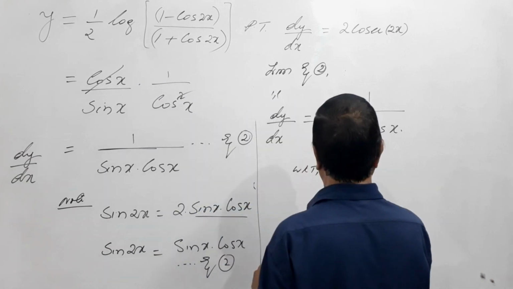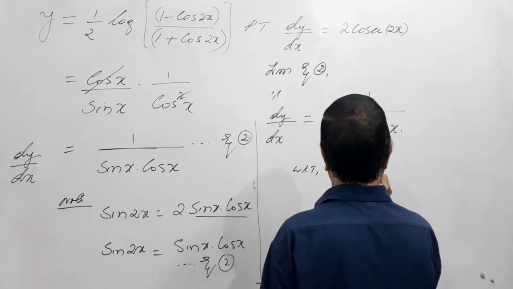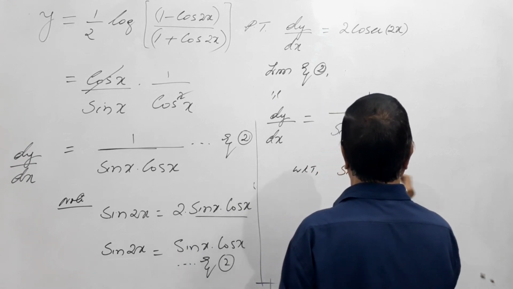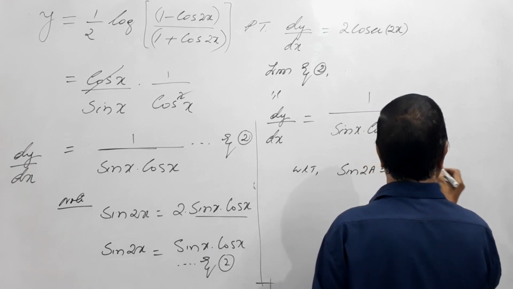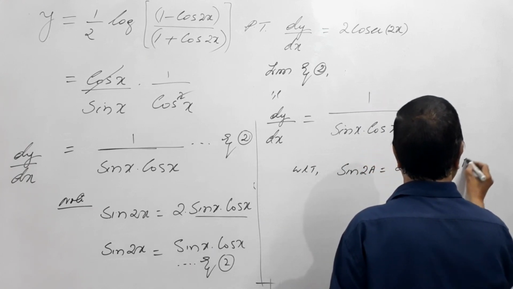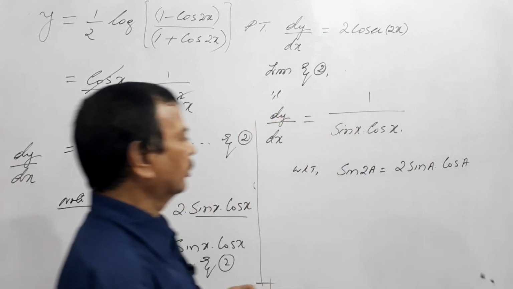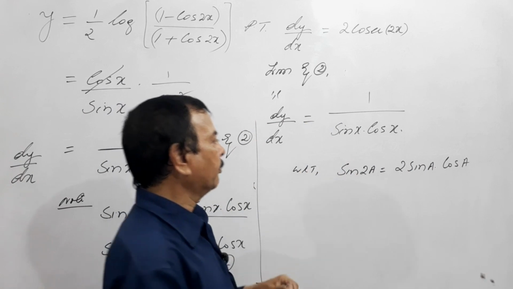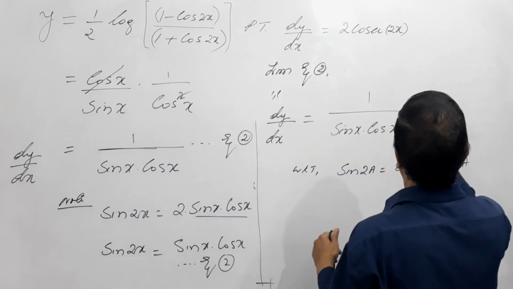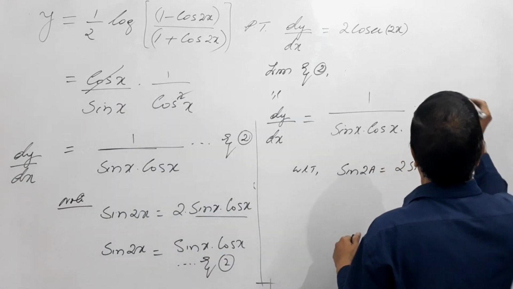We know that sin 2a equals 2 sin a into cos a. Right? I call this equation 3.